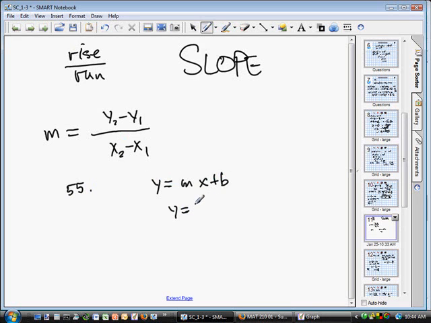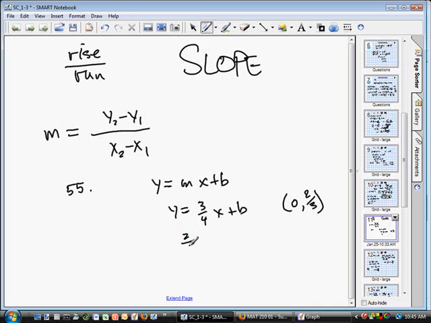What did we have there? 3/4. And then we know this point, (0, 2/3). How can I make use of that point to find b? Isn't this an xy coordinate? So substitute this in for x and this in for y, and you should be able to solve for b.